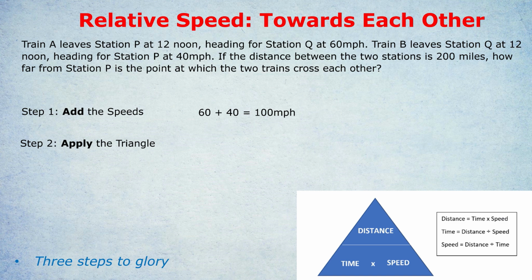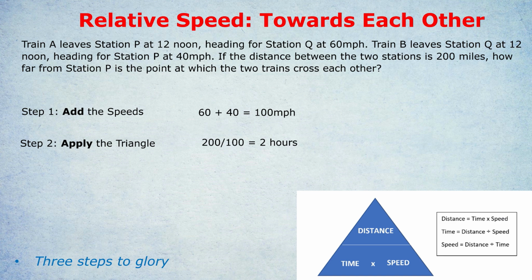This is how I answer all distance, time, speed questions, with the triangle, because it's a great way to easily see what you need to do. We have a relative speed of 100 miles an hour, and we have a relative distance of 200 miles because they're 200 miles apart, and the triangle tells us to do distance divided by speed. 200 divided by 100 will give us 2.